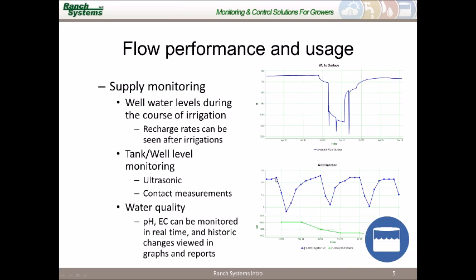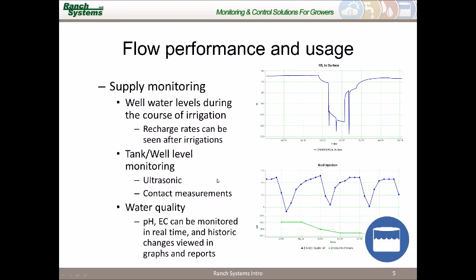Now this can be very useful in a variety of ways, and one of the things to think about when you're thinking about how to use Ranch Systems is that every single data point, even the time, is a data point that can be used in a variety of ways, and we like to be as flexible as possible and remain open to what the user's needs are, and we accommodate that at Ranch Systems and try to make the system as intuitive as possible.